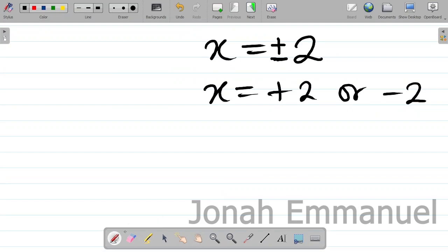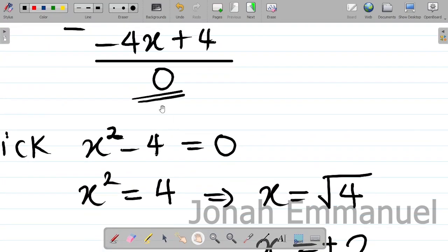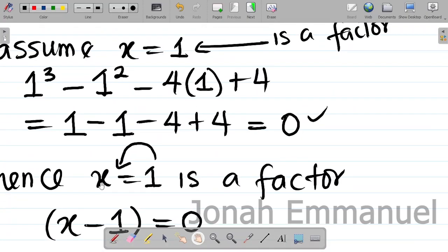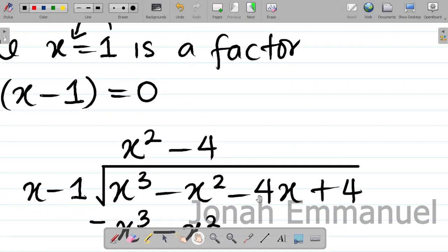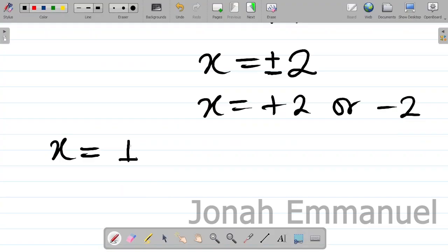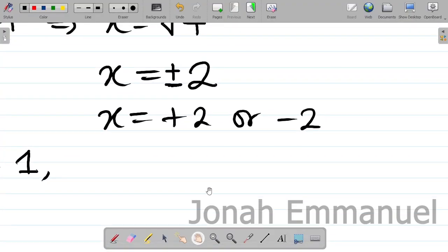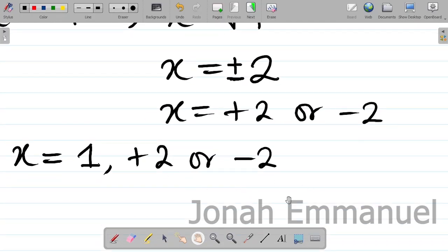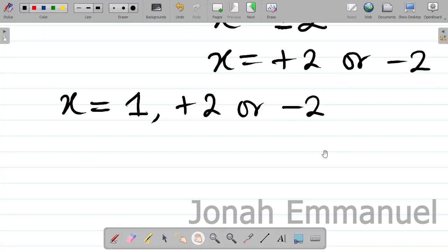In essence, from the very first answer, we had that x is equal to 1. Again, when we combine the other two answers, x is equal to plus 2, or x is equal to minus 2. These are the answers we get when y is equal to 0. Hence, let's get their coordinates.